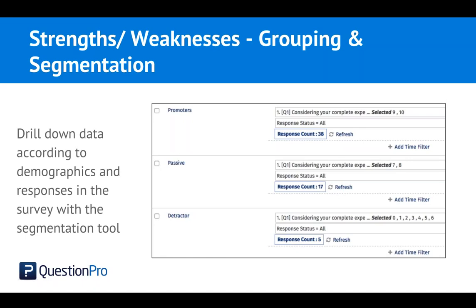So, for instance, if the president of the company is more interested in understanding what the value proposition of your partnership with you is, he's going to want to see all the different customer types and what they're saying and what their responses are to these questions.